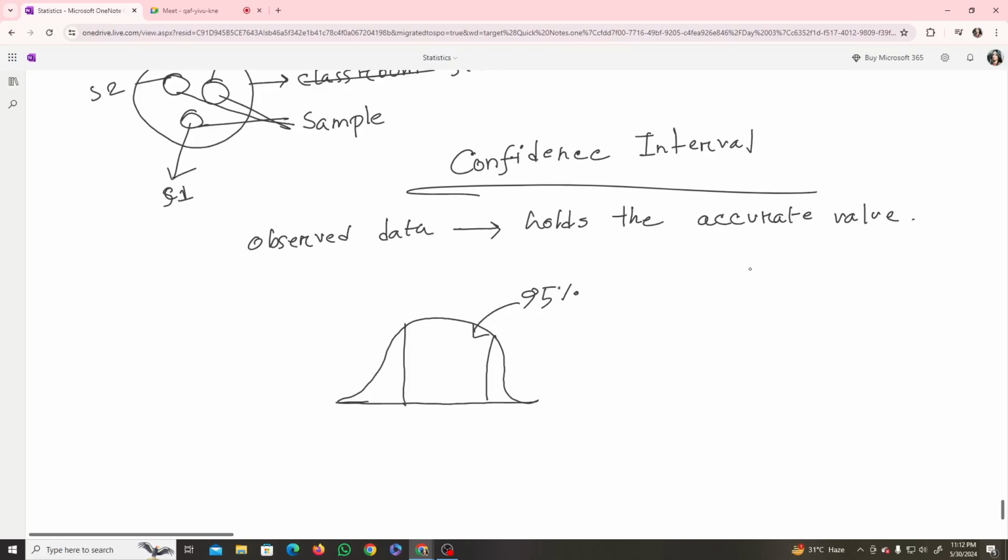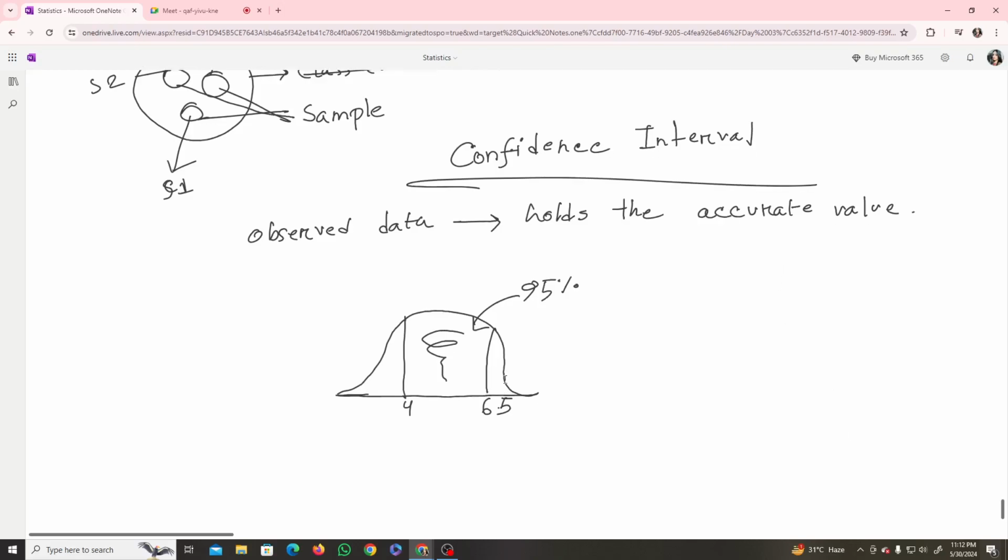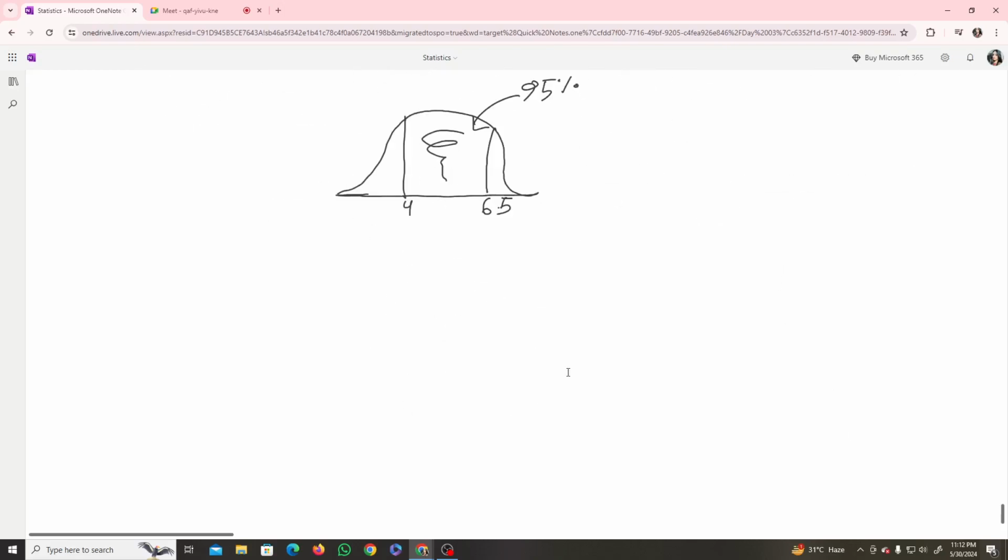And the range is from 4 feet to 6 feet 5 inches. So by the confidence interval, you will understand that mostly the data will lie within this range. Most students in your college will have a height between 4 feet and 6.5 feet. So this is the basic intuition of confidence interval.